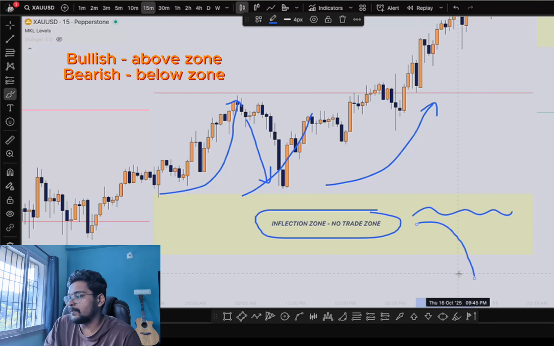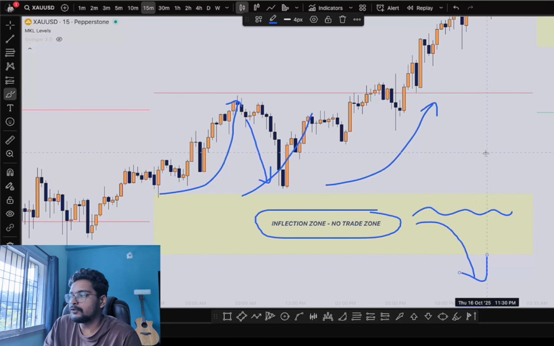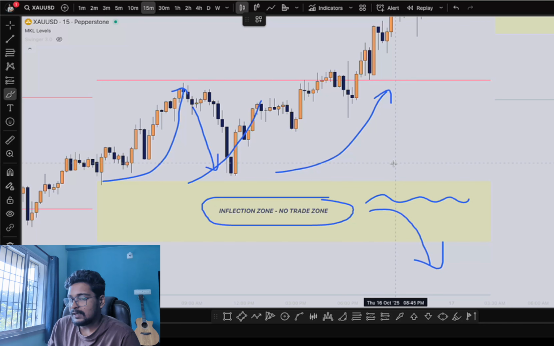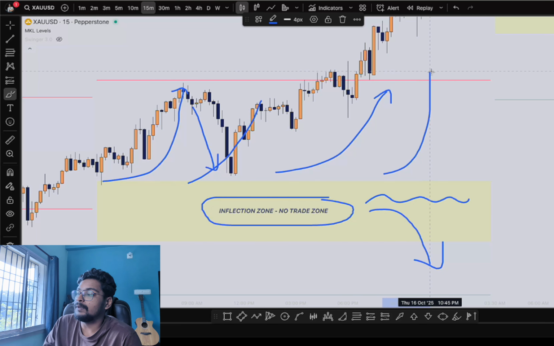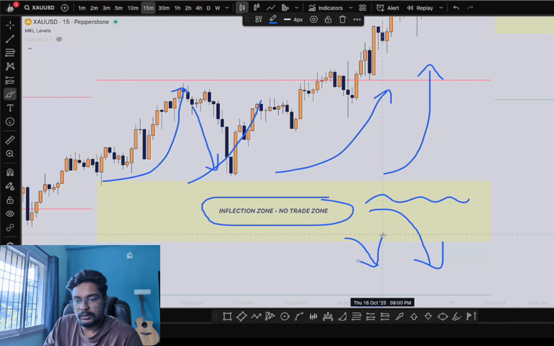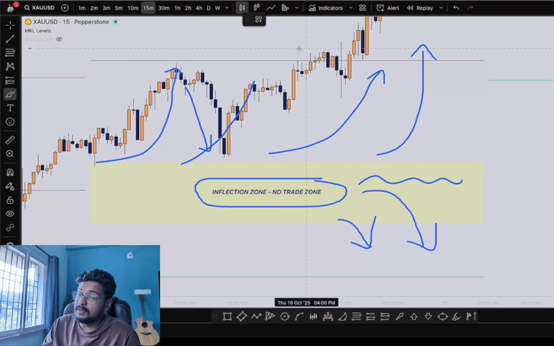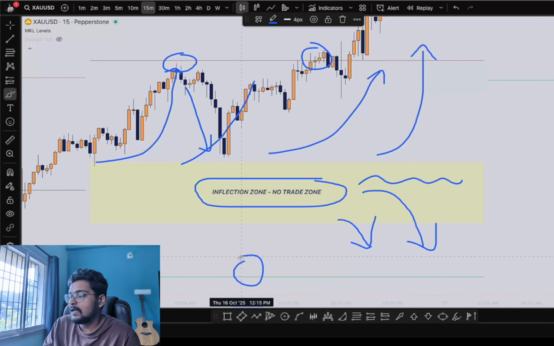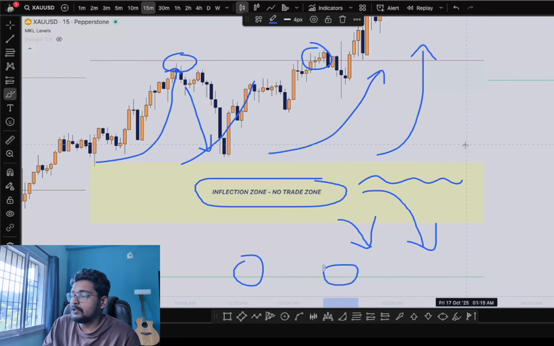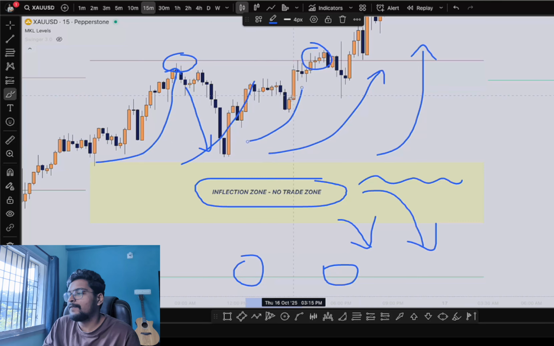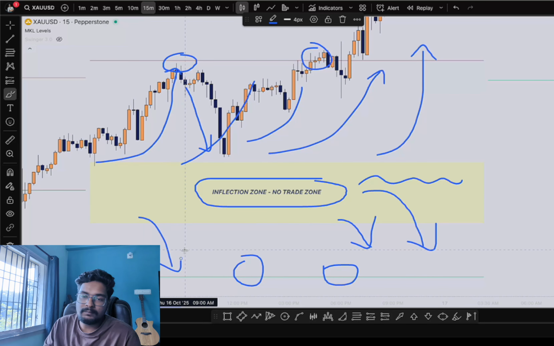And whenever the markets are below, the bears are in control, right? So for starters, the maximum of our trades are going to be bullish when we are above this zone and bearish when we are below this zone, right? But yeah, this does not mean that we won't go for counter trend trades at resistances or supports, right? Just the very basics. Above is bullish, below is bearish. As simple as that.